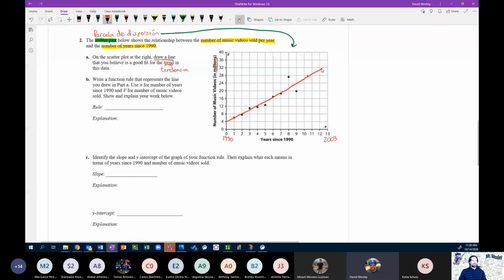Okay, here's my line. Does this line fit the points pretty well, pretty good? It's not perfect, but does it seem close?